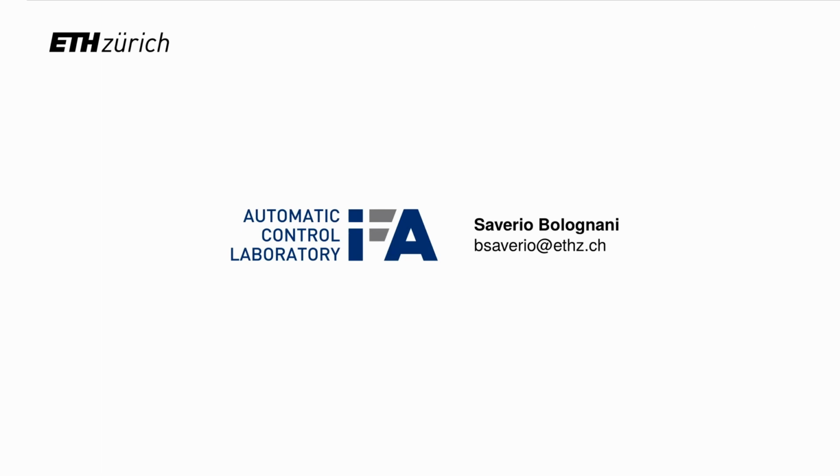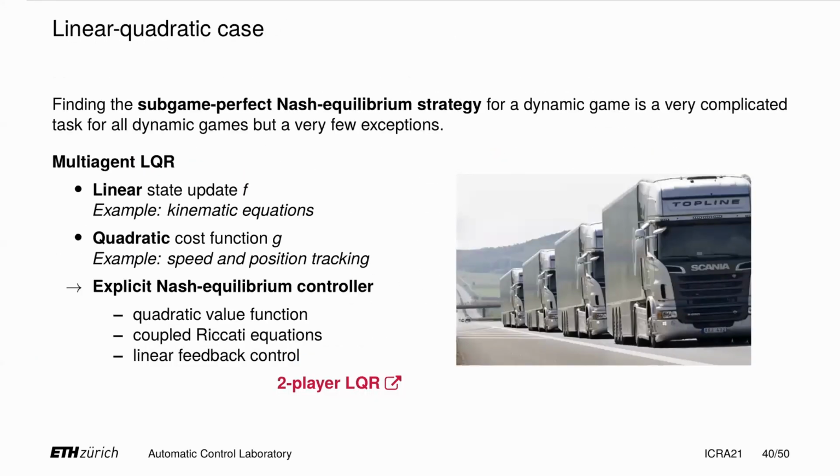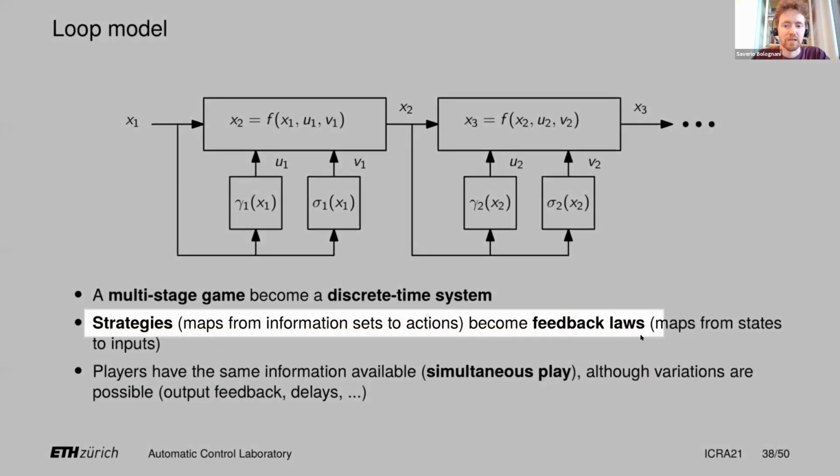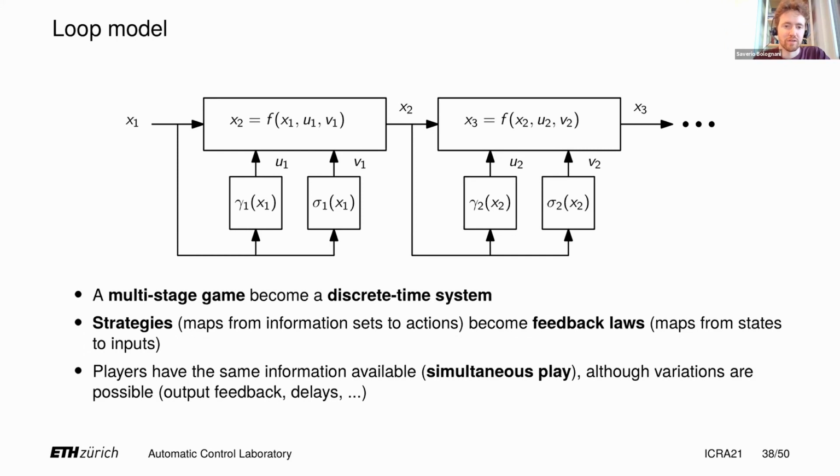Okay, then the second one. How is the loop model different from an MDP besides having multiple agents? It is basically that. There is one thing that I haven't covered here, and in fact, you can see it when I say that strategies are maps and they become feedback laws. Well, strategies could also be random.